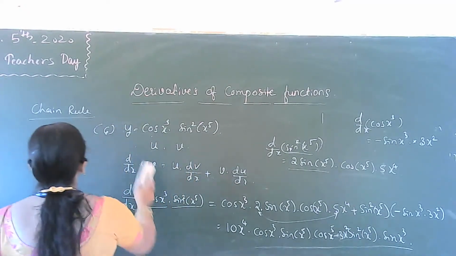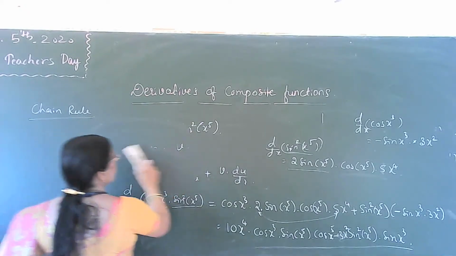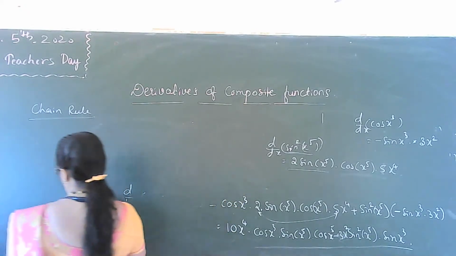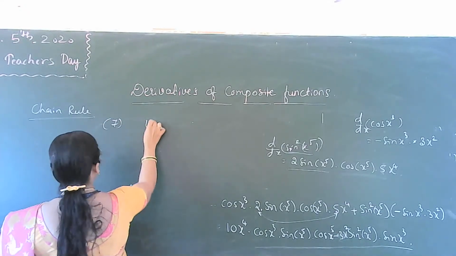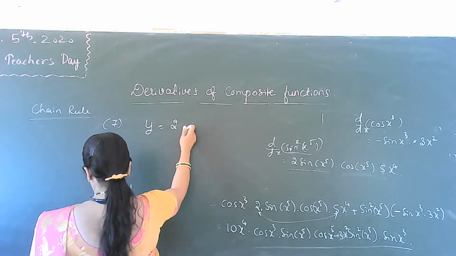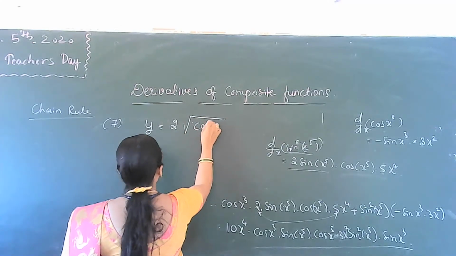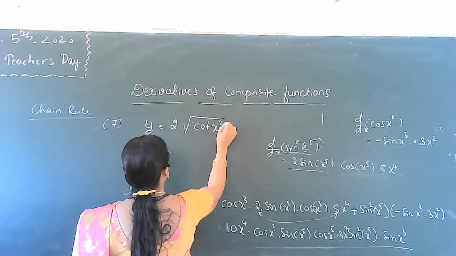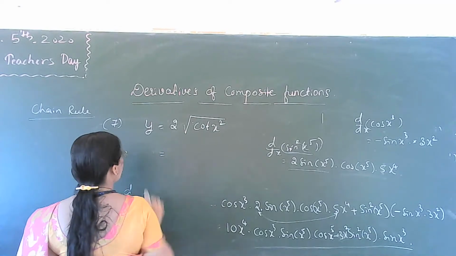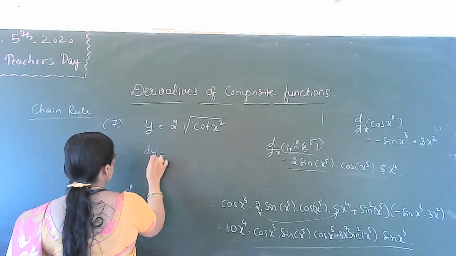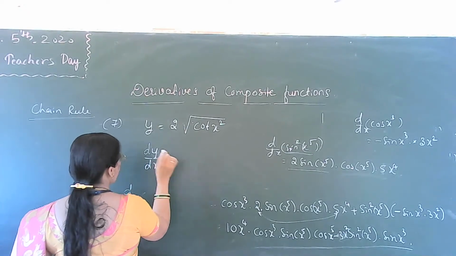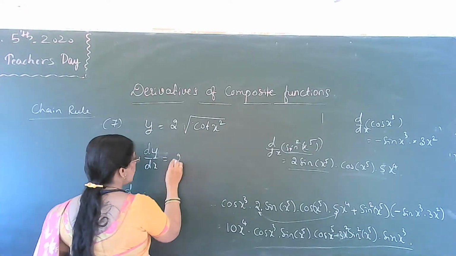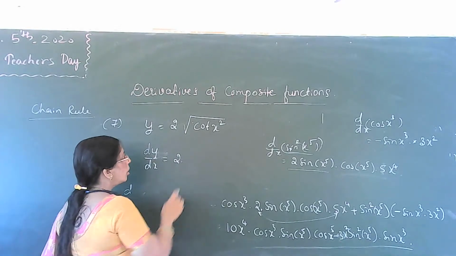I will take one more question and problem here. 7th one. Y is equal to 2 into cot of x square. Dy by dx, which is equal to, here 2 is constant.